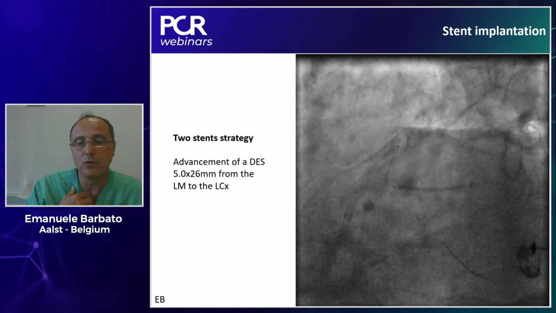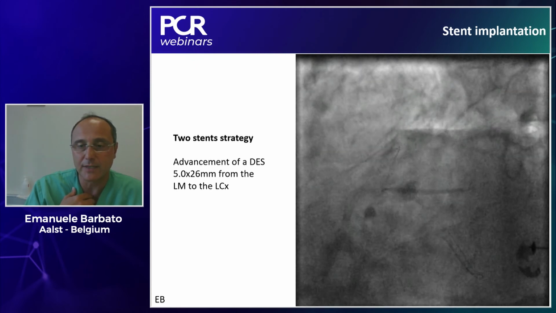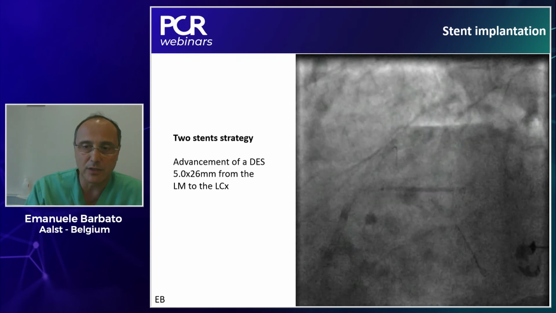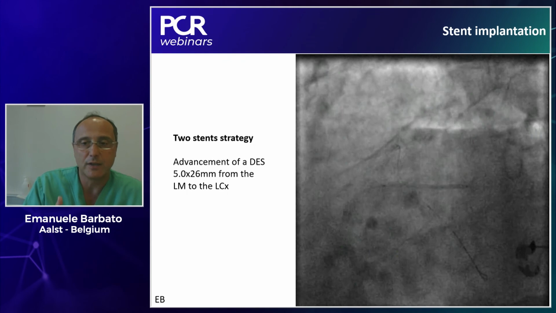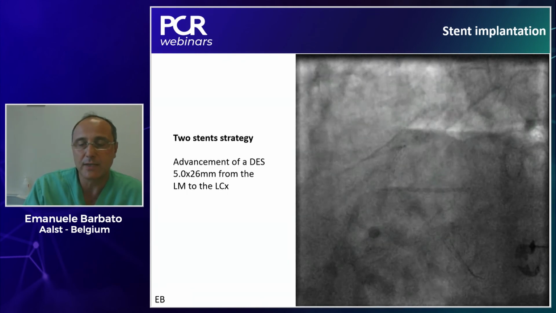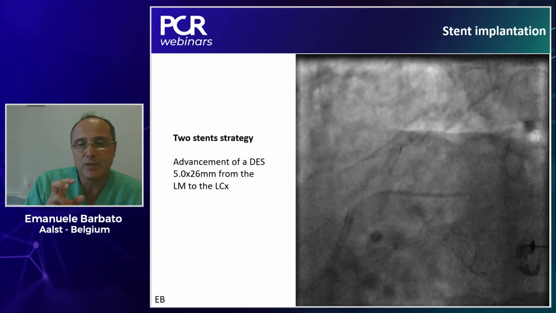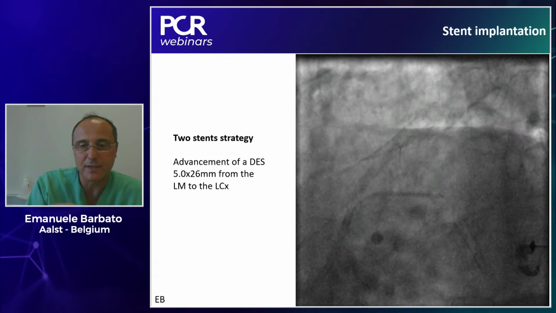Now we can decide to go up front with two stents and apply some sort of DK crush technique. Personally, I wouldn't add additional complexity to a procedure that is already complex in itself. So if I can, I would try to avoid DK crush in this case and start with a provisional stenting technique, knowing that I would end up anyhow with a second stent.